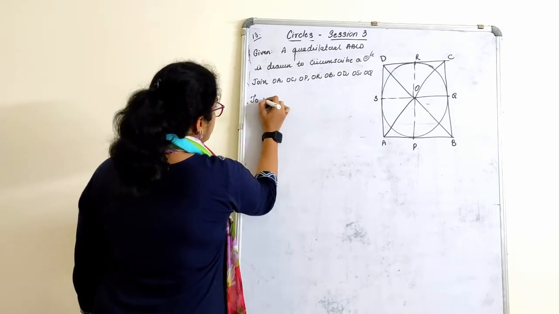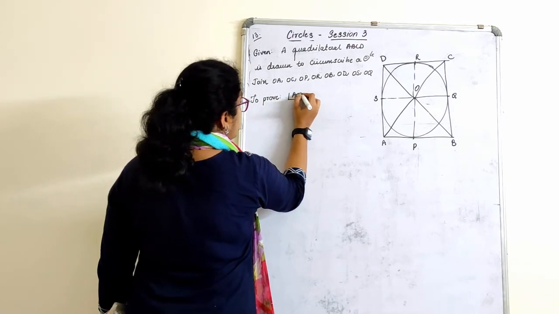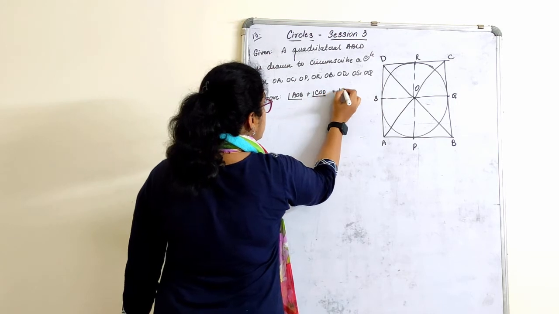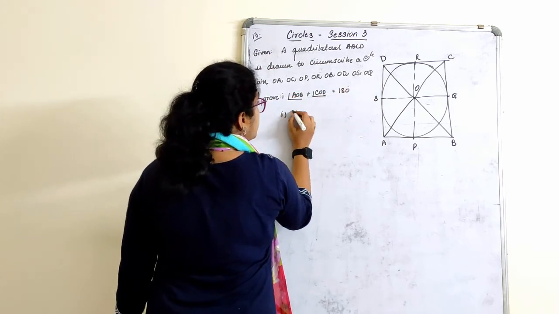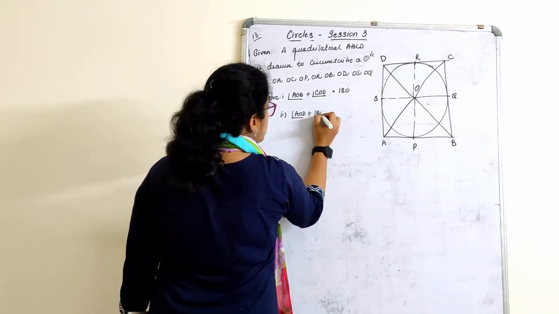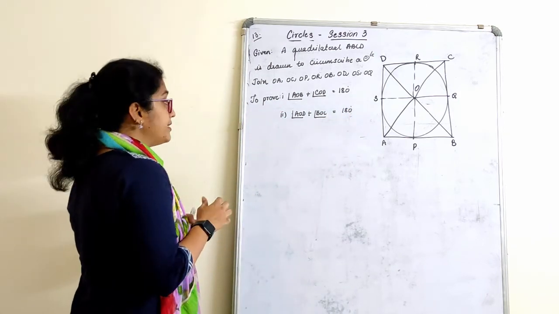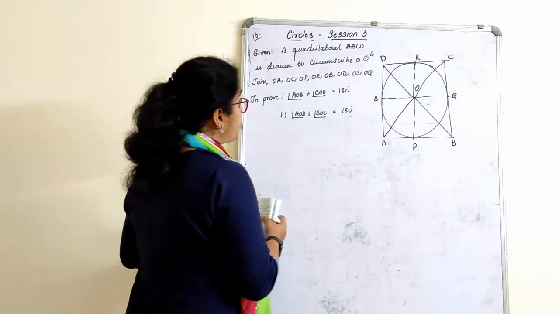To prove, what we have to prove here: angle AOB plus angle COD is equal to 180. Second one, angle AOD plus angle BOC is equal to 180. We'll prove any one variant here and say that similarly we can do the next one also.